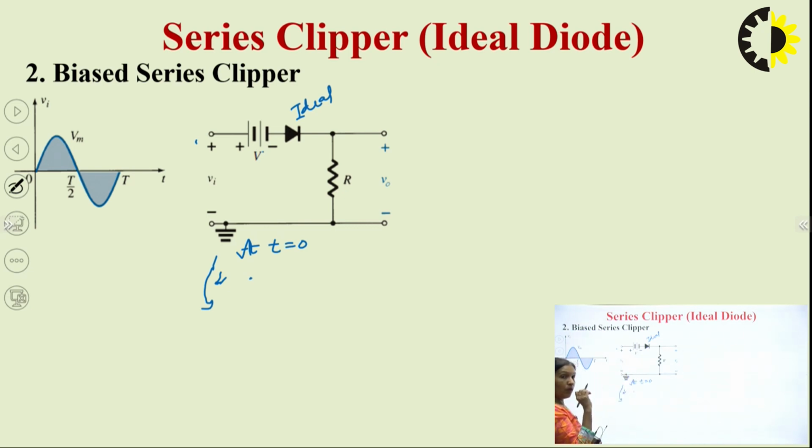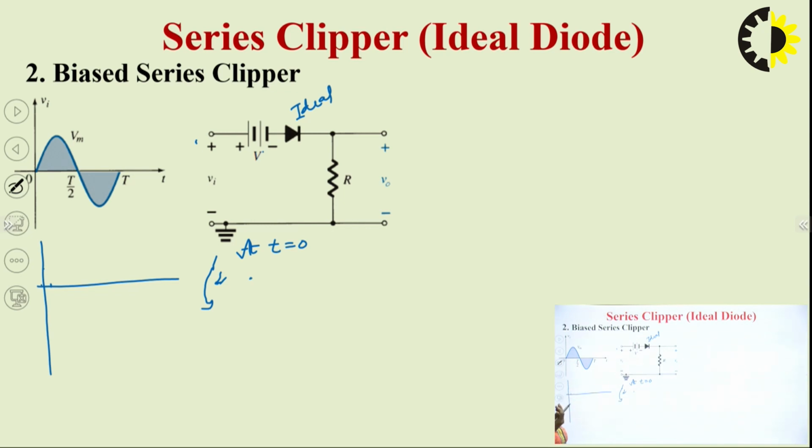Up to voltage V volt, this diode will be in reverse bias mode. So if I draw the output waveform, initially the diode is in off state and output will be 0.